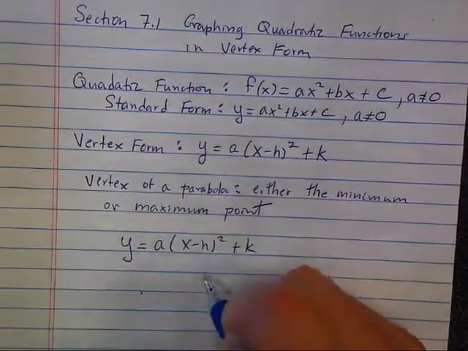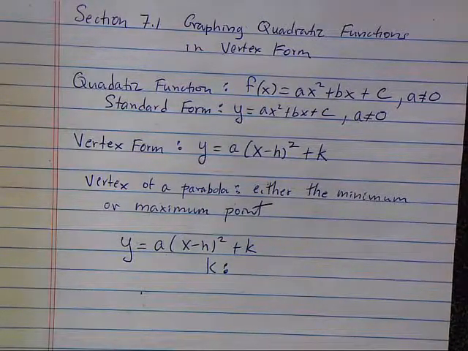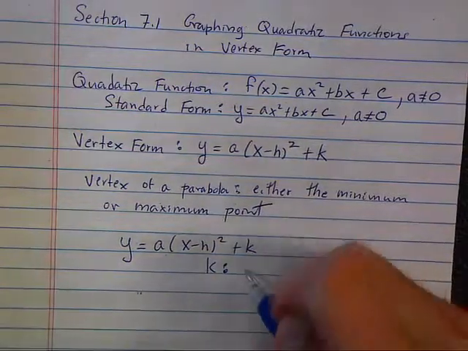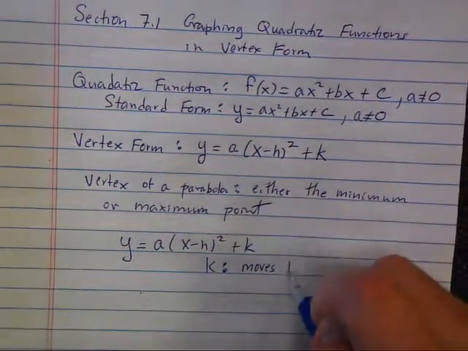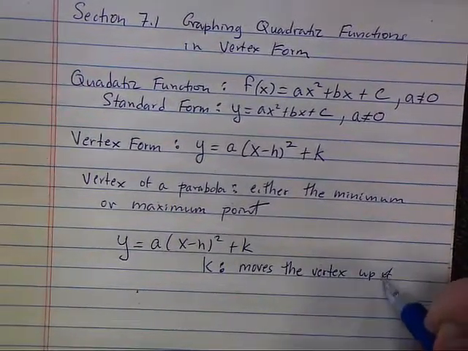Okay, so all this k does in this equation, y equals a times (x minus h) squared plus k, what does k do? Well, it does change the y-intercept, but in a minute we'll see that h does something interesting too. All k does is move the vertex. Which way did it move the vertex? If k was positive, the vertex went up, and if k was negative, the vertex went down. So k moves the vertex up or down.